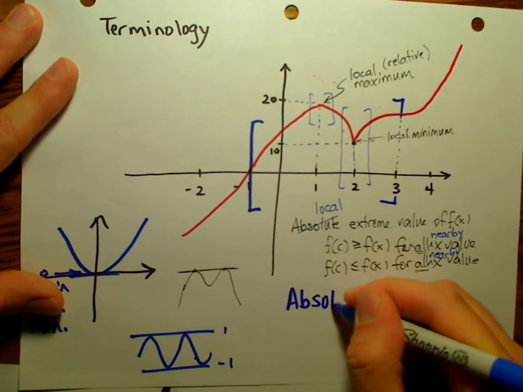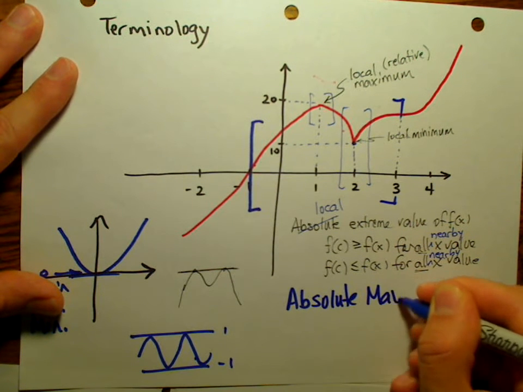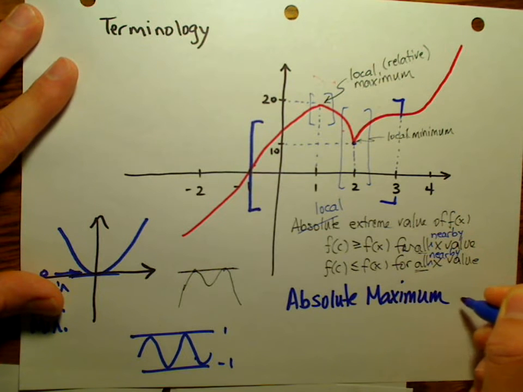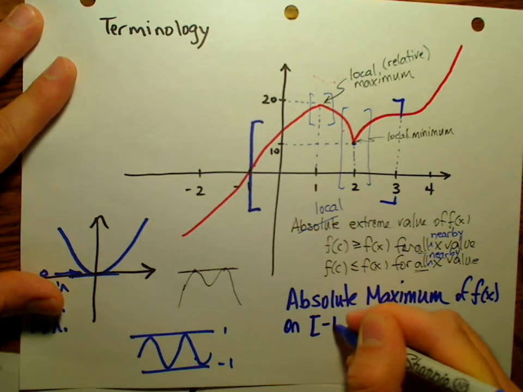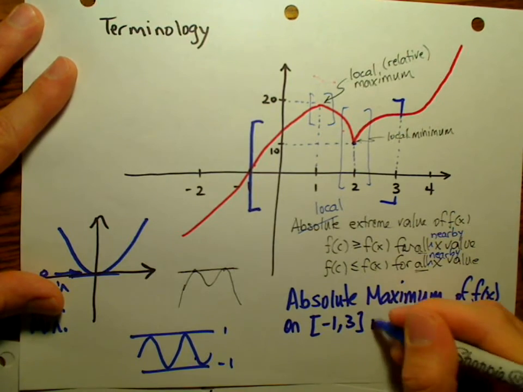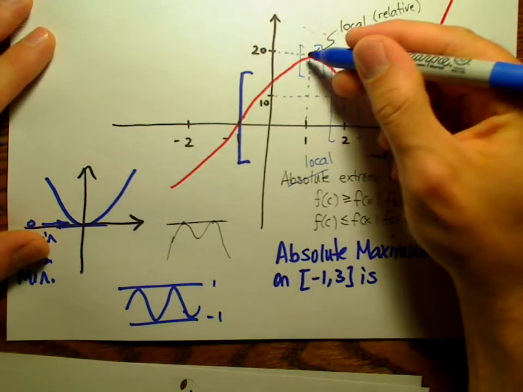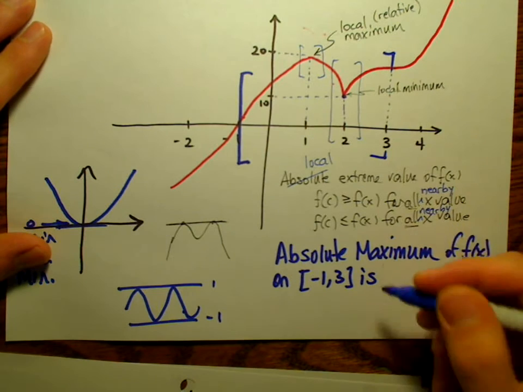So the absolute maximum value of f of x on, let's say, -1 to 3 is this height at, it looks like that's the highest point, at 1.